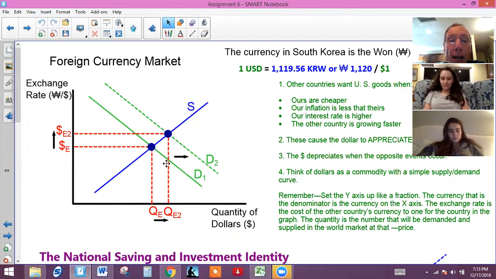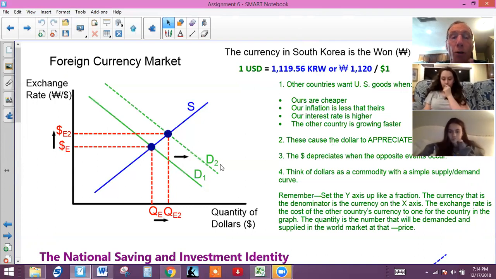So when the demand for dollars goes up, it means that the price of won per dollar goes up. So dollars become more expensive relative to won.